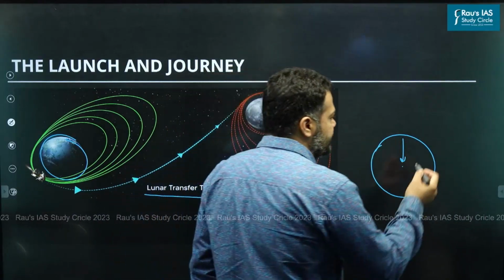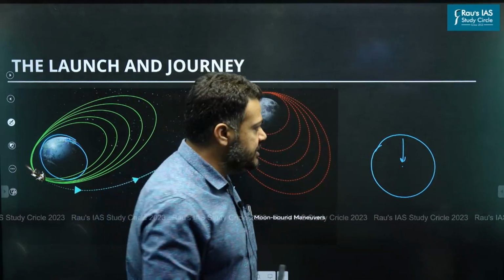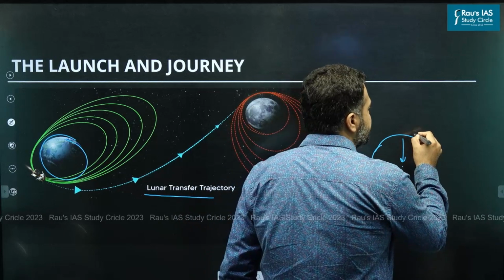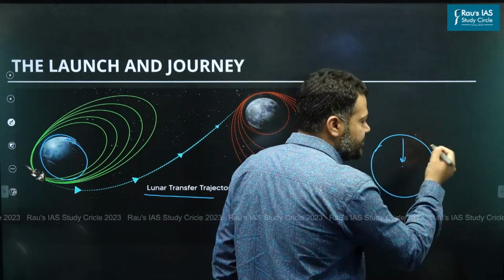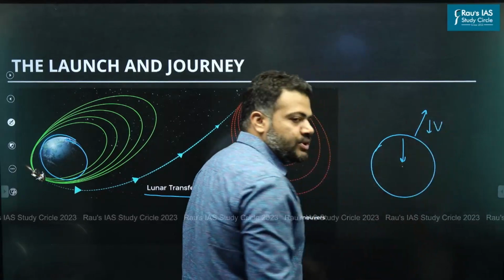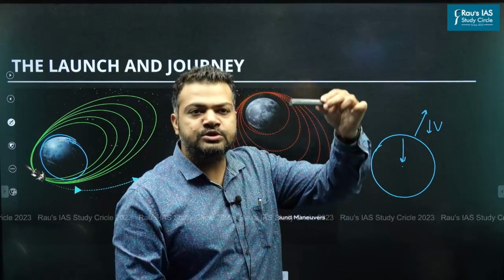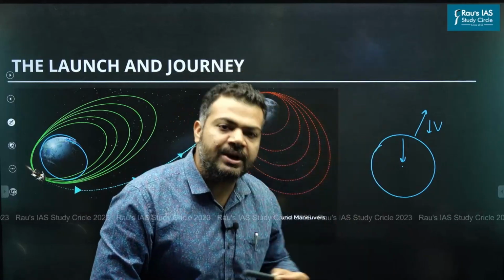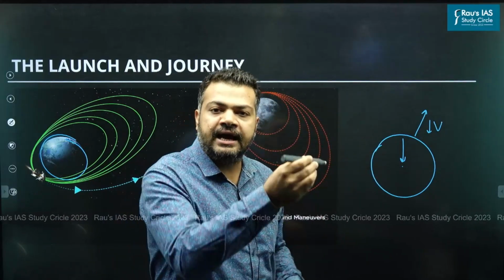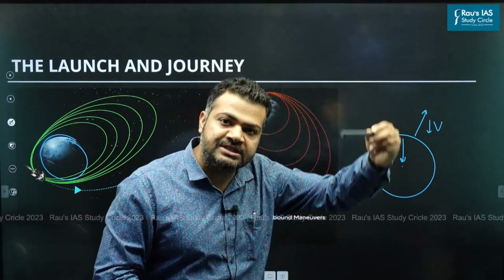Now, it's very obvious that if you take an object and you try to throw this object away from the Earth's gravity, what will happen? The object will start slowing down, because the Earth's gravity is always going to be pulling it, and the object will slow down, stop, and then start falling back. Even if you throw it with a slightly higher effort, it may go up to a slightly higher altitude, but then from there also it will start falling back.